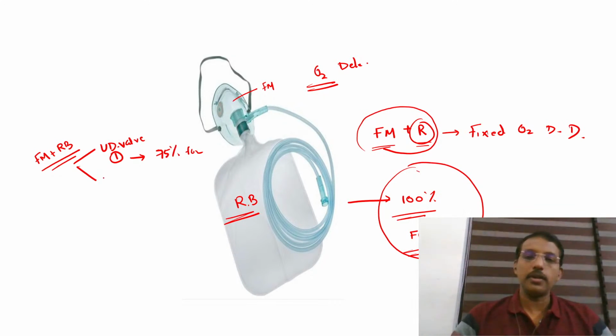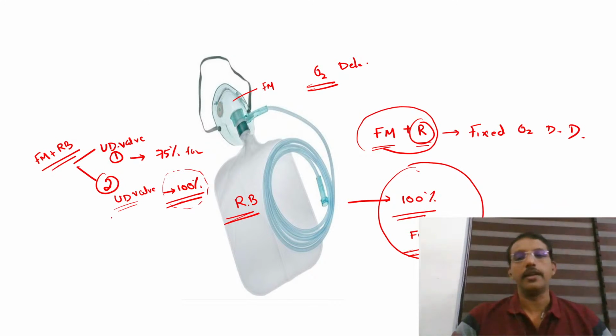If the combination has 2 unidirectional valves, it can provide the classical 100%. So remember that face mask with reservoir is a device which can provide 100% FiO2 if it has 2 unidirectional valves. Here there is no rebreathing. That is why it can provide you 100%.